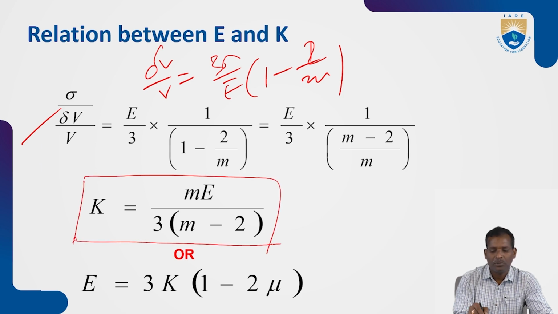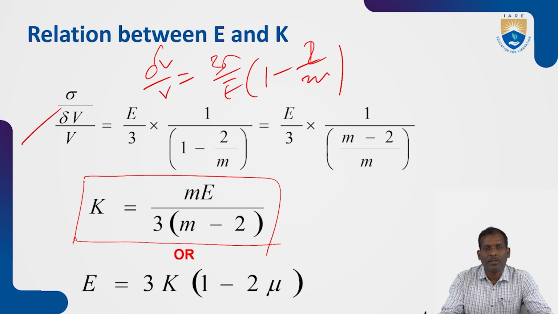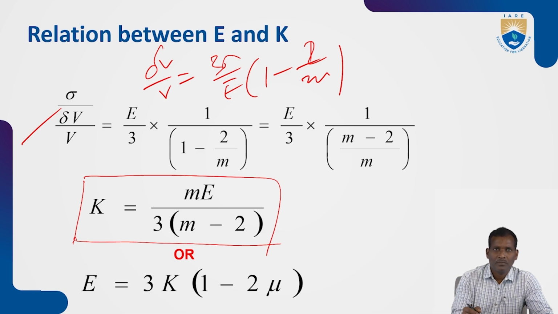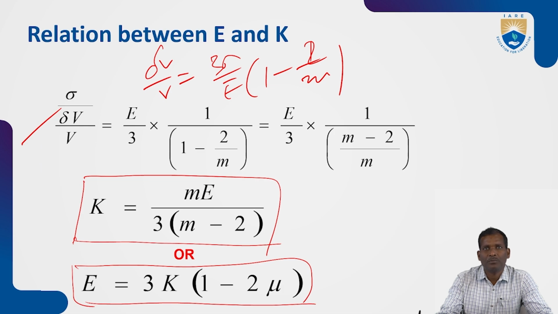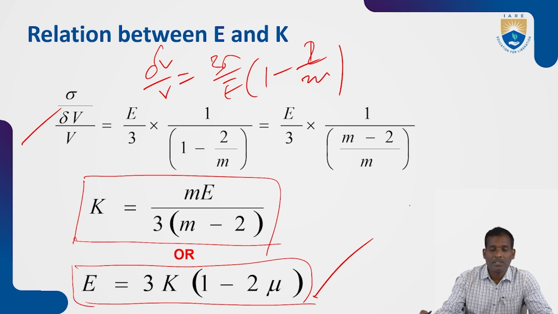K is equal to ME upon 3 times M minus 2, or E is equal to 3K multiplied with 1 minus 2 mu. So this is the relation between E and K.